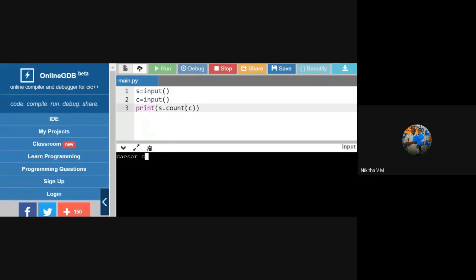And which letter shall we count? Which letter shall we count, guys? R. Okay, let's take R. So we only have 2. It's giving us 2. Also, if you check in the example, they were using 2 letters, right? Let's take 2 letters also and check.